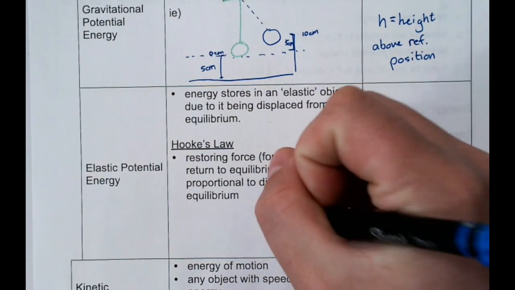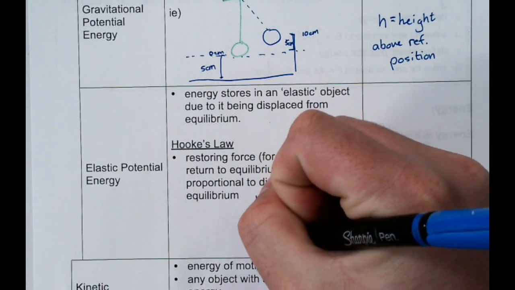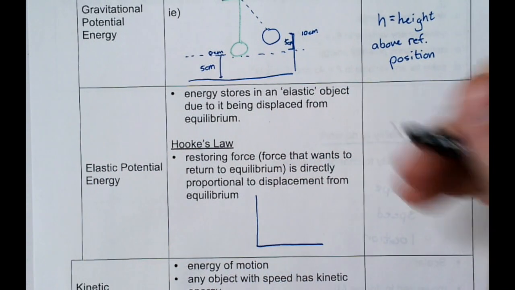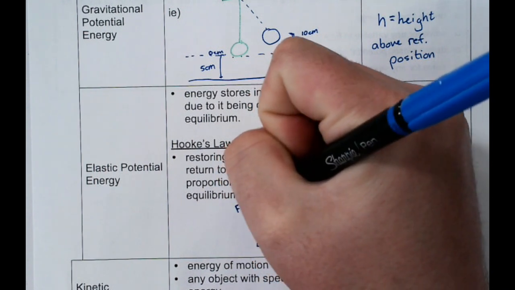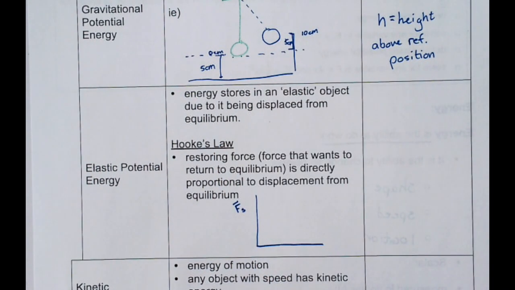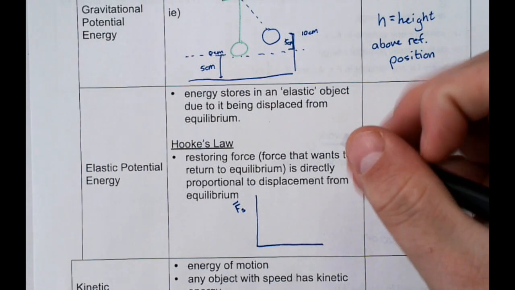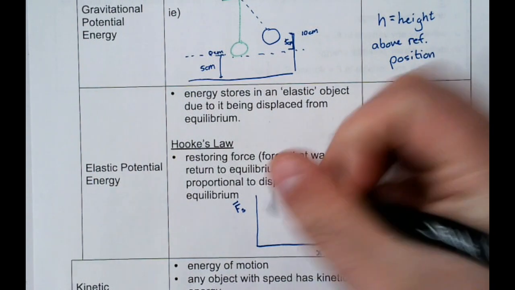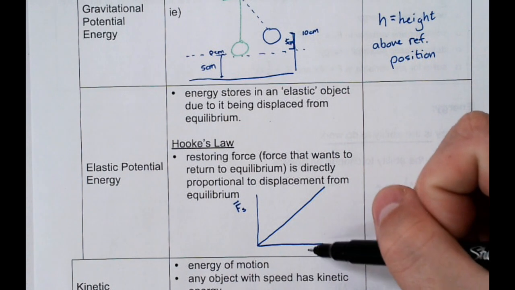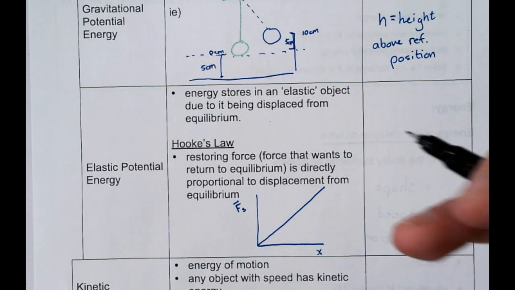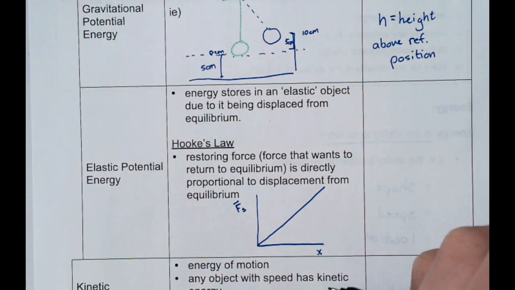So what that means graphically, if you have your graph and you have your elastic potential force, or your spring force, your force that wants to get it restored back to normal, and you have your displacement, they are going to be directly proportional. The further you stretch an elastic band, the greater the force wants to get back to its original shape.